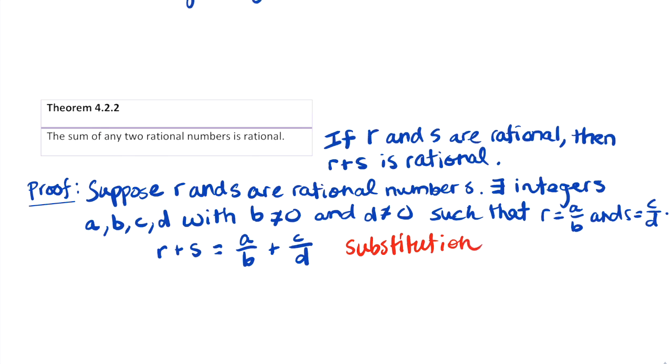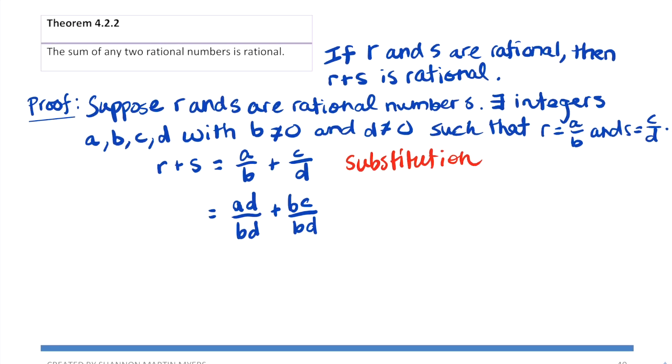Alrighty. Well, what will this be in turn? If I get common denominators, wouldn't it be A times D over B times D plus B times C over B times D. That's just getting a common denominator. But this in turn will be A times D plus B times C over B times D. So what do you think about that?